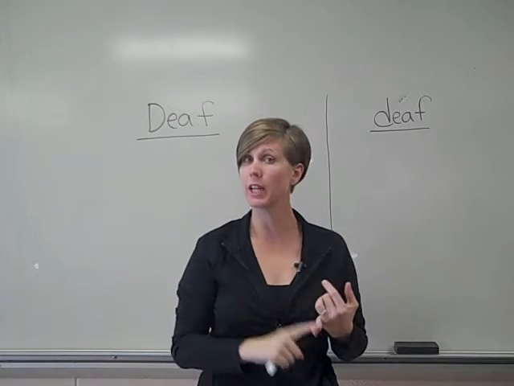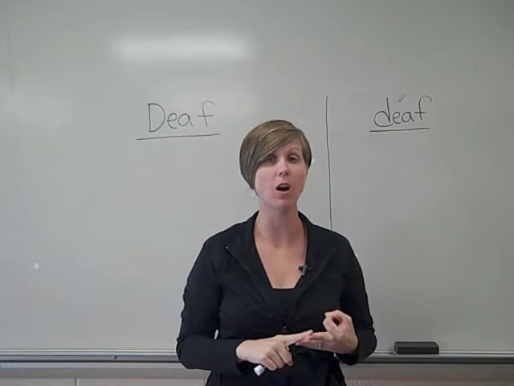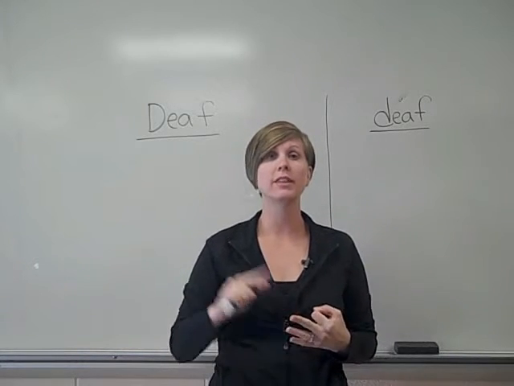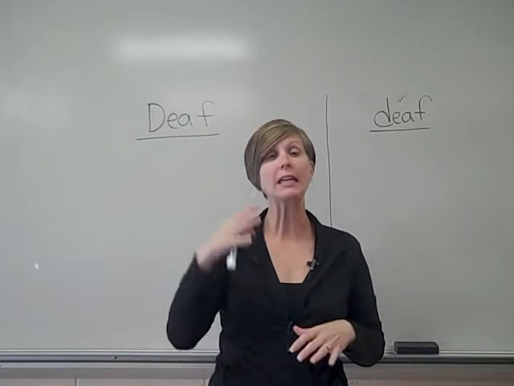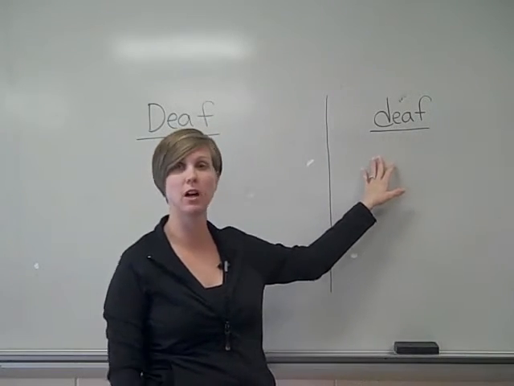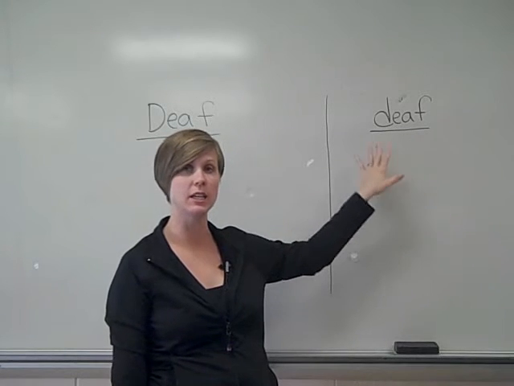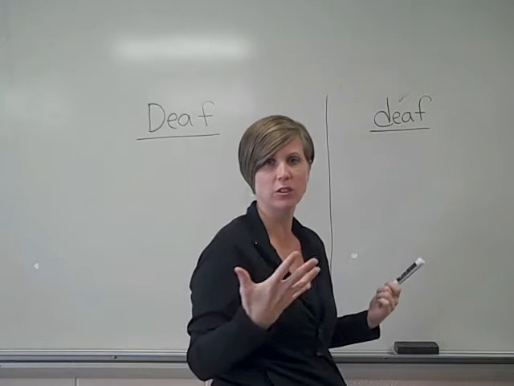And they may wear hearing aids, they may wear a cochlear implant, or they may not wear any devices at all, but you know that they cannot hear as typically as a hearing person would. So when we regard hearing loss with lowercase d, deaf people, we think of it just in medical terms.